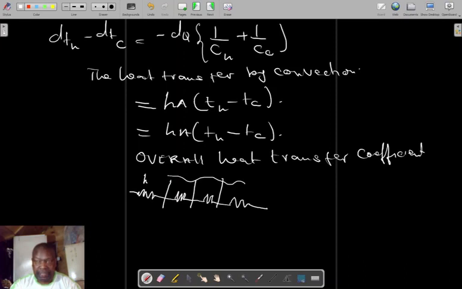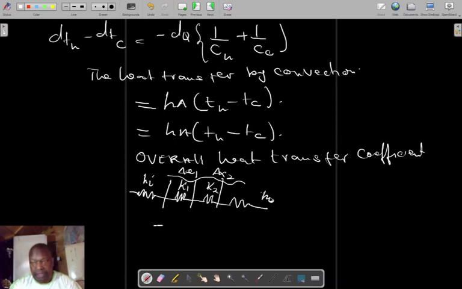So let us say this is hi, and the heat transfer coefficient there is ho. Supposing that thickness is delta x1, and that is delta x2, and the conductivity there is k1, conductivity k2 there.